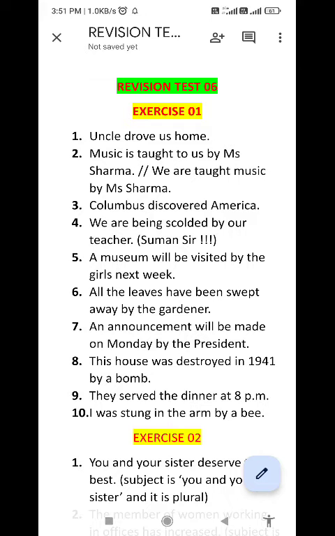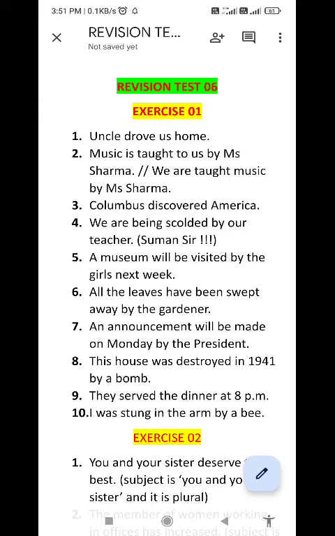So I have written there a museum will be visited by the girls next week. Then comes the 6th one. In the question it was given that the gardener has swept away all the leaves. Has swept away means it is active voice.